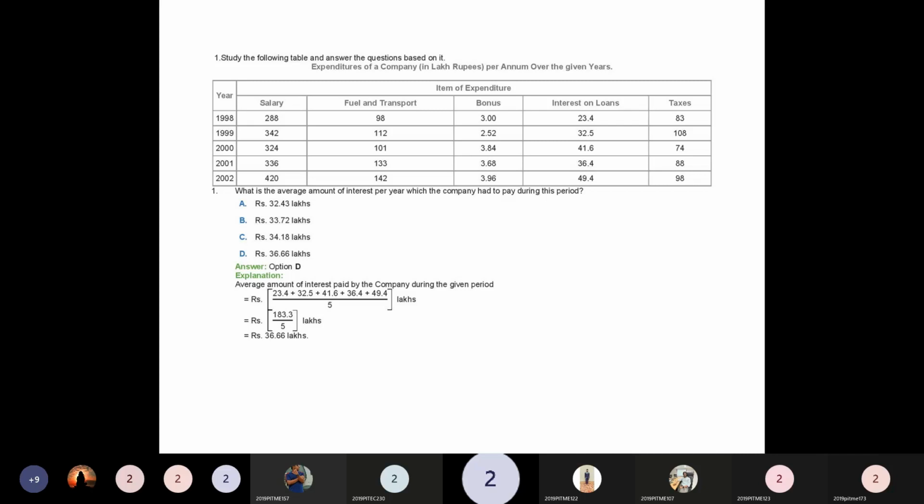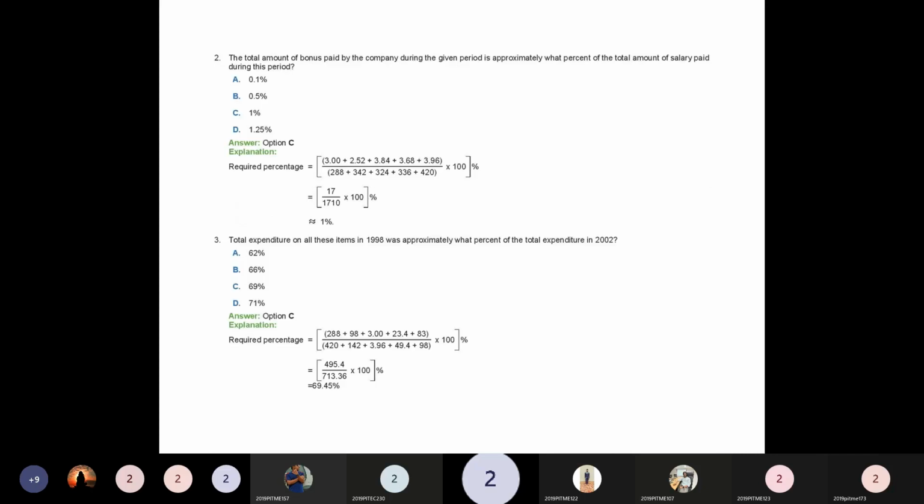Next question. The total amount of bonus paid by the company during the given period is approximately what percentage of the total amount of salary paid during this period?